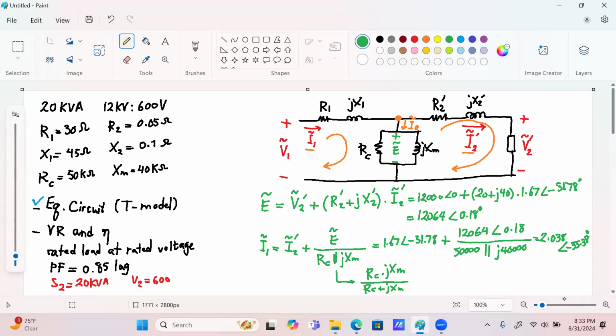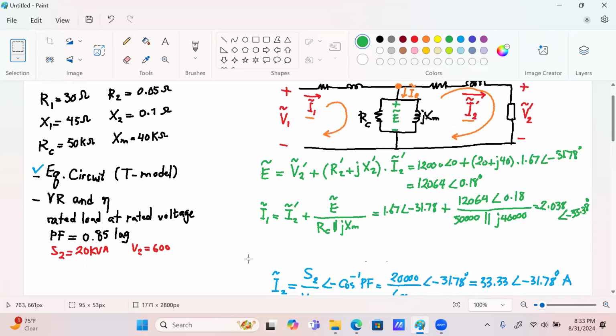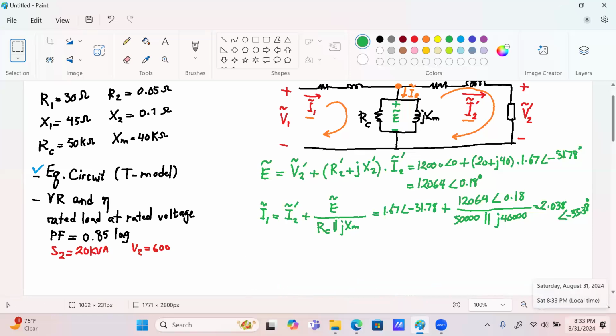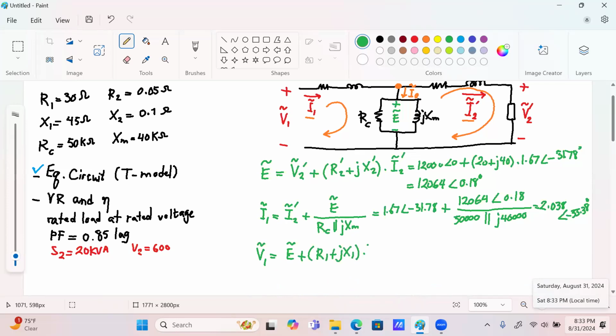Now that I have I1, the last step would be to calculate V1. Again, let me clear this area a bit. So now in this loop, KVL will tell me that V1 tilde is going to be E, which I have already found, plus R1 plus jX1 times I1 tilde.